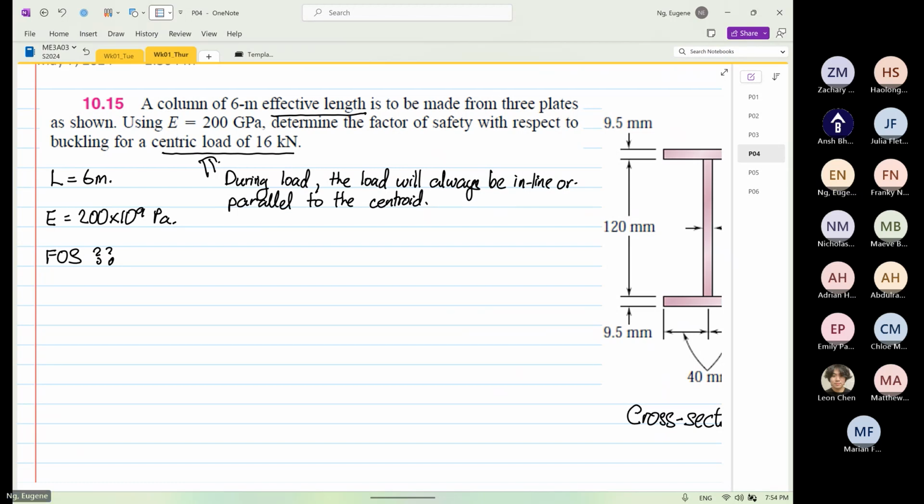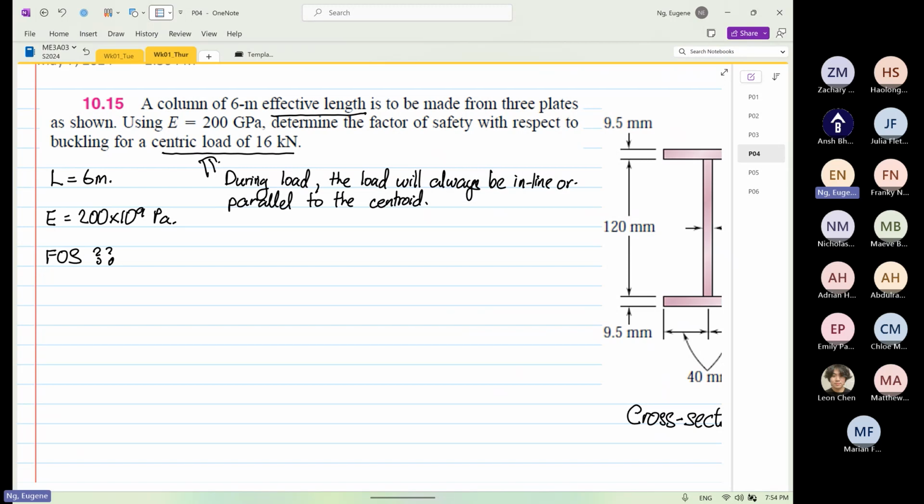Okay. So as I said, this question has a lot of layers. It looks kind of innocent, but it's not so innocent.